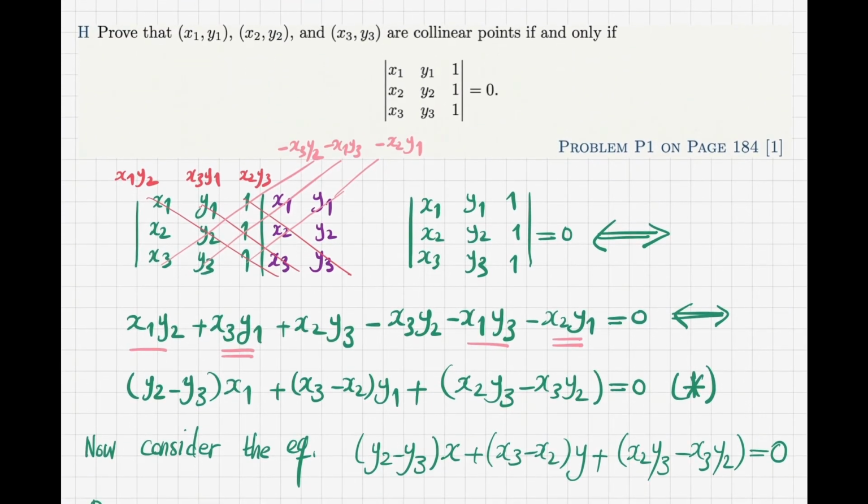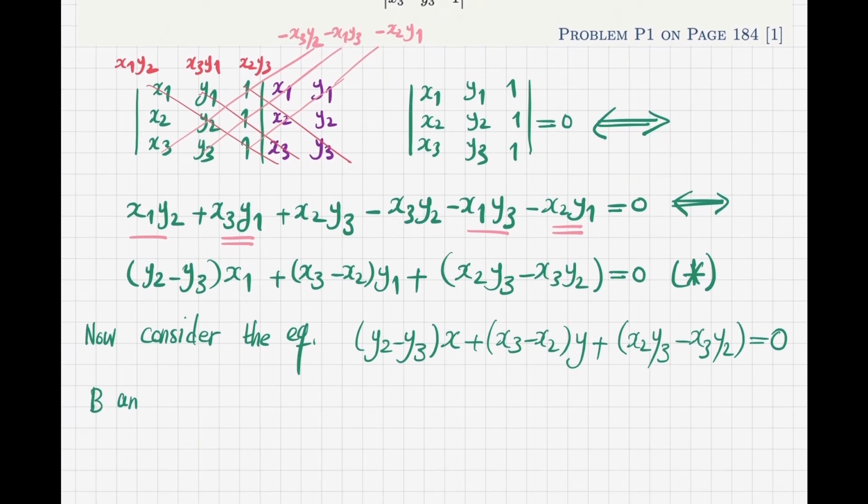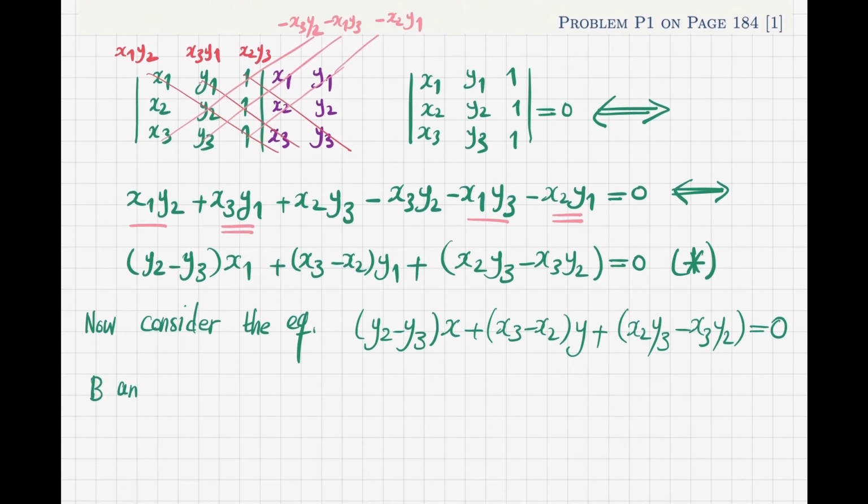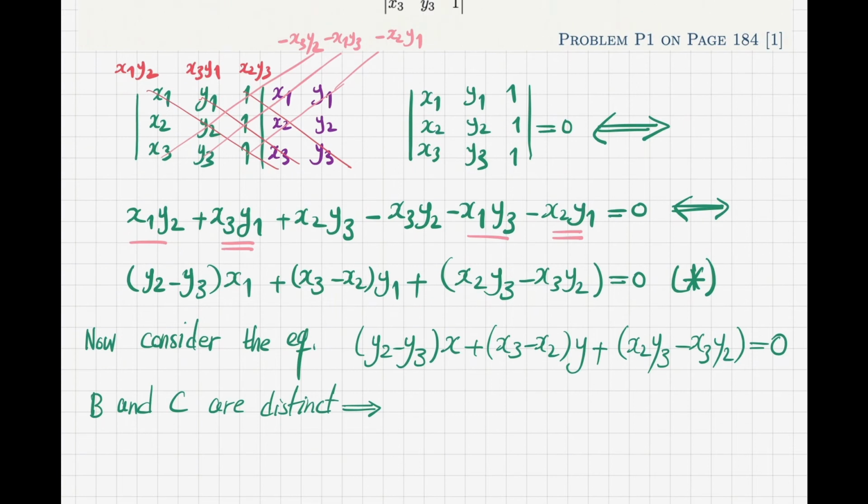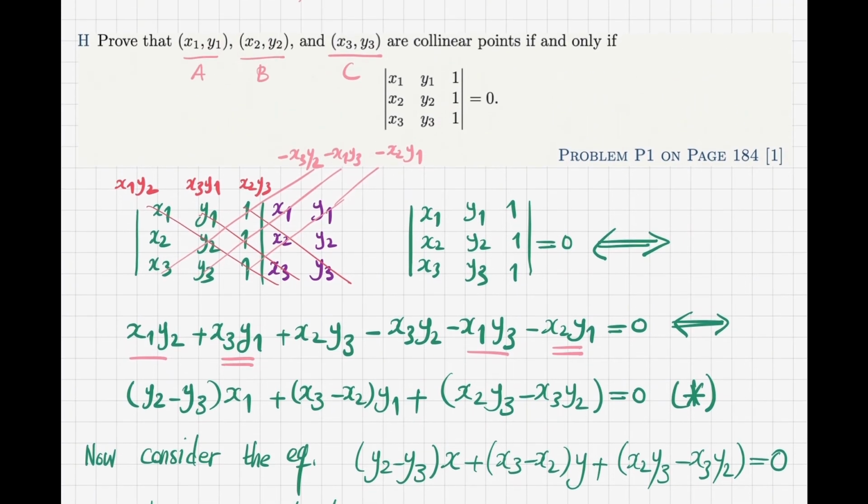Let me give them names. Let me call this point A, let me call this point B, and let me call this point C. All these points are supposed to be distinct points, yes? So I would say that B and C are distinct. Yes, so what does it mean? It means that either the x coordinates are not the same, or at least the y coordinates are not the same.